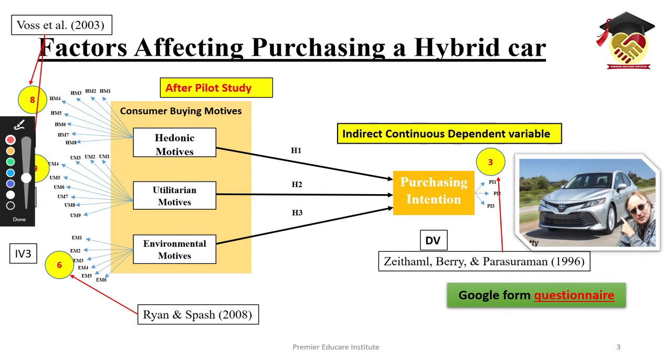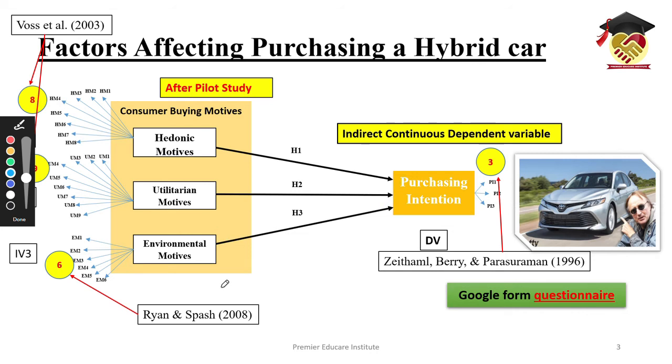So please understand, I have taken 8 questions to measure hedonic motives, 9 questions to measure this one, 6 questions to measure this one, and 3 questions to measure this one, right? That is very clear.